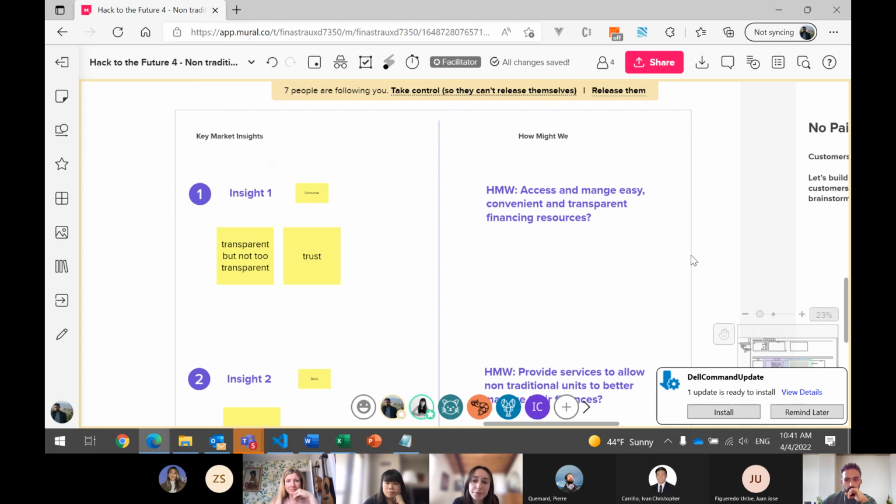I want to kind of explore where this is going to go. I think you can't uncouple convenient, transparent service delivery from this problem for sure.